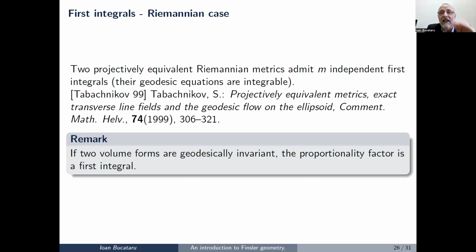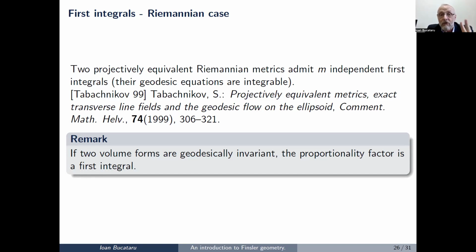You can integrate, because that means that the original system of geodesics and the other system of geodesics are projectively related, and in the Riemannian case, if two projectively related Riemannian metrics admit a system of first integrals, then you can integrate.